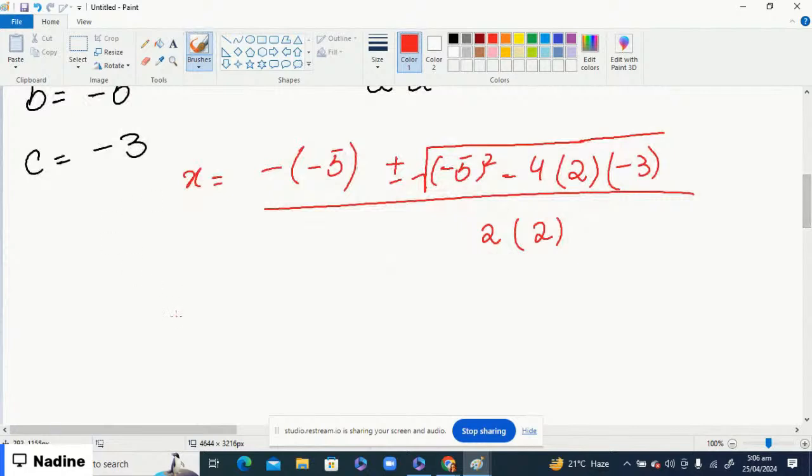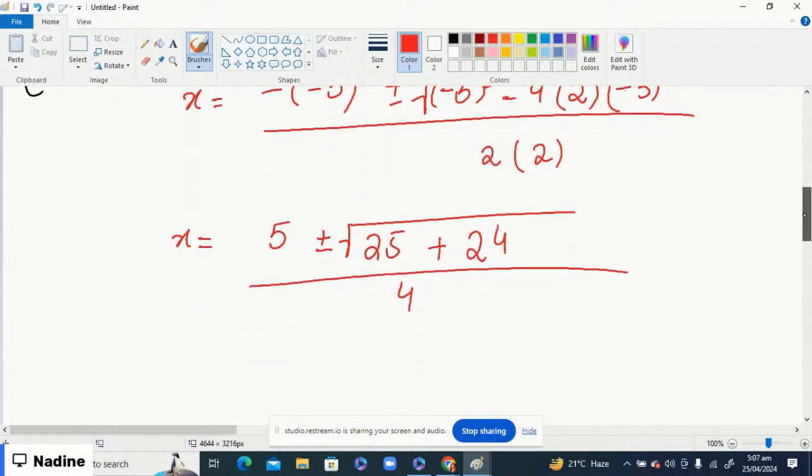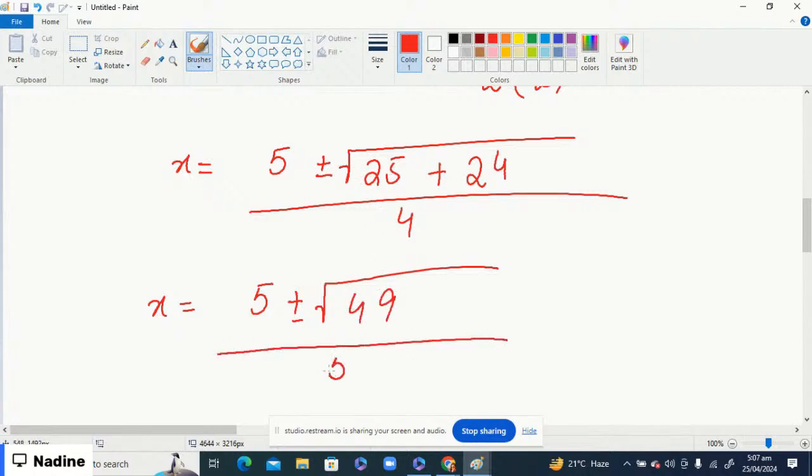Alright, now let's find it. Minus minus is plus. So plus minus. Negative 5 square is positive, 5 square is 25. Here is negative, here is negative, this becomes plus. 4 times 2 is 8, 8 times 3 is 24. Over 2 times 2 is 4. Then x equals 5 plus minus the square root of 25 plus 24, which is 49, over 4.